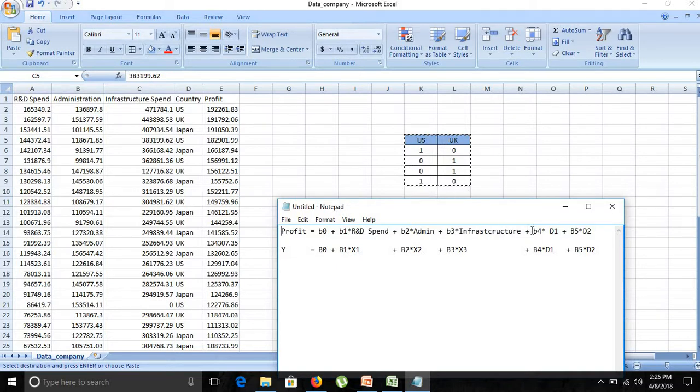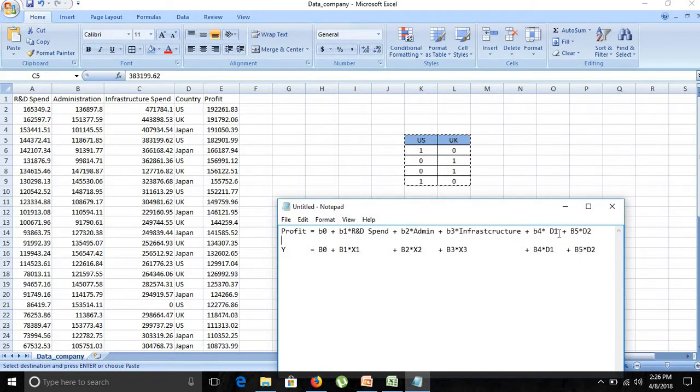Now B4 into D1 plus B5 into D2, where B4 is the coefficient and D1 will be your first dummy variable for country US and D2 will be the second dummy variable for country UK. Now my suggestion is always use only one dummy variable. If there are two kinds of categorical data, always omit the second one. Why?